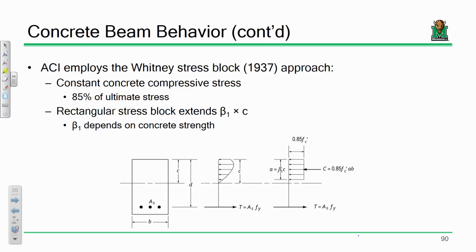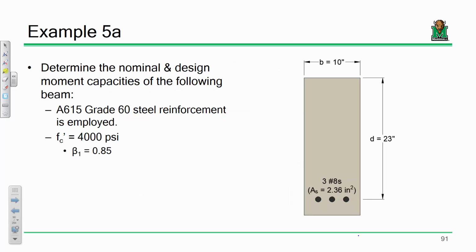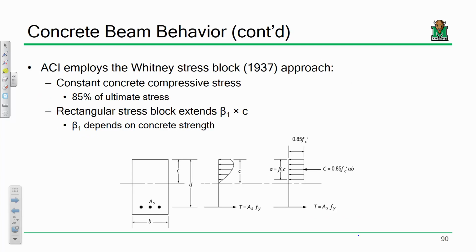Okay? Now the way that this works when you're analyzing a beam is you say, okay, the tensile force in the steel is the area times fy. The compression is 0.85 f'c times this. And so we set compression equal to tension because obviously we don't want the beam running away from us. We set those two equal to one another in order to determine where that depth needs to be such that C equals T, and then we sum moments.